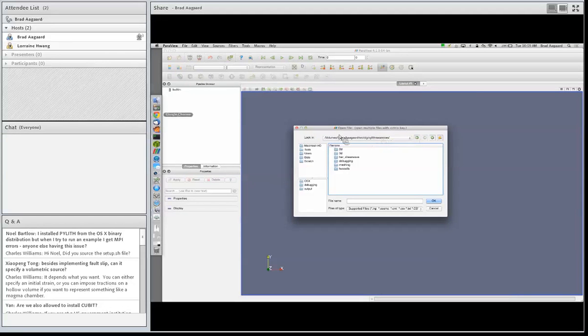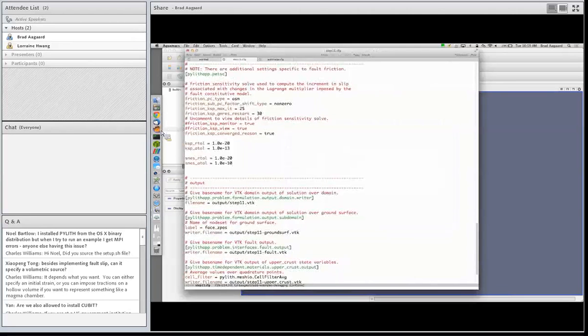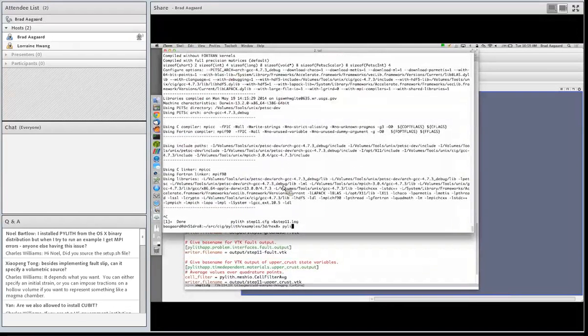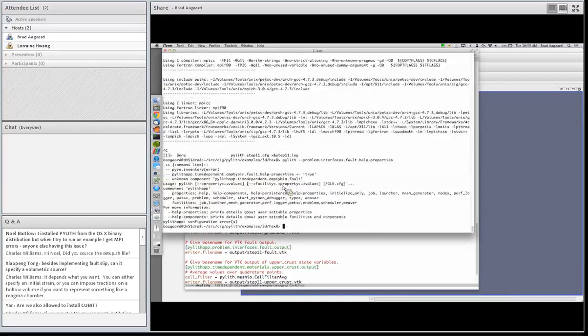So the defaults, I can go in here and say PyLith problem interfaces faults. I think I have this. What did I forget?